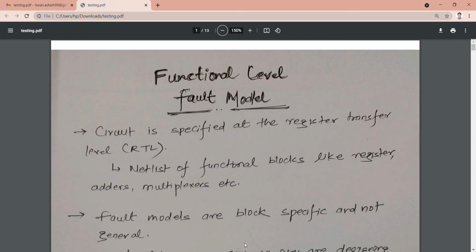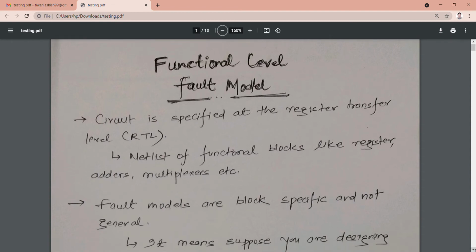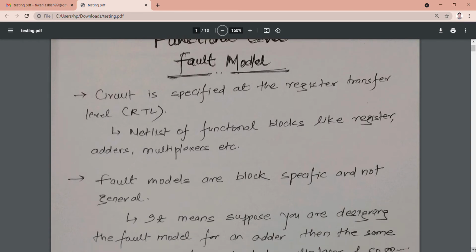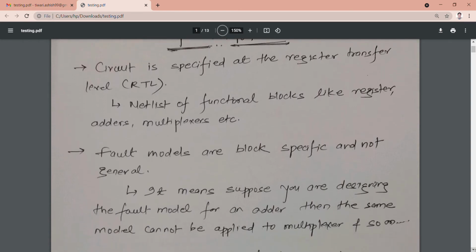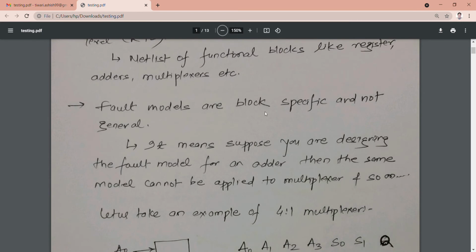Okay. So fault models which are based on the function of the particular block are known as the functional level fault model. So fault models are block specific and not general. This means that suppose you are designing the fault model for an adder, then the same model cannot be applied to a multiplexer and so on.